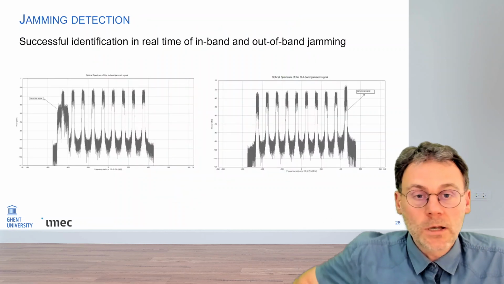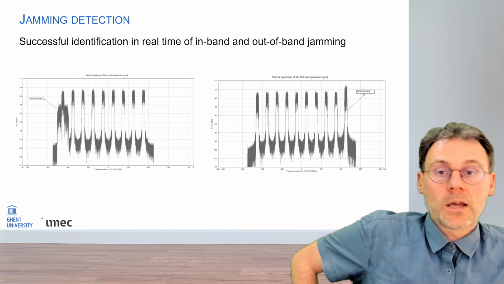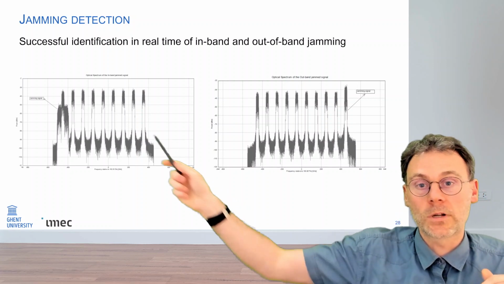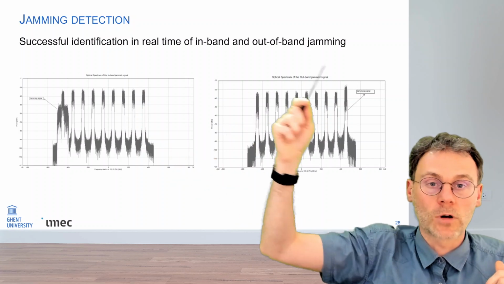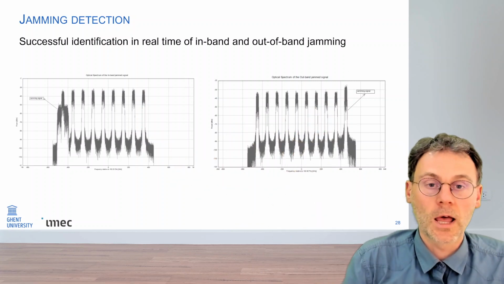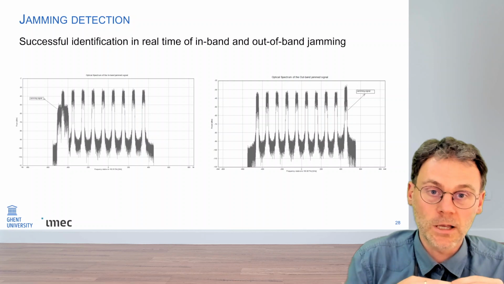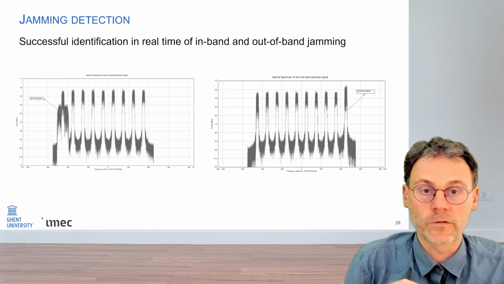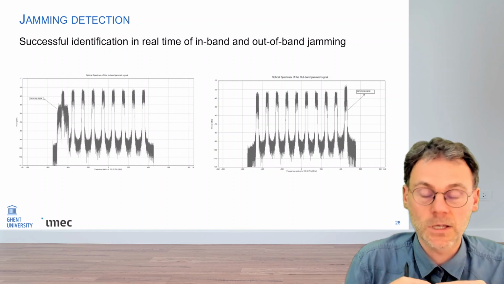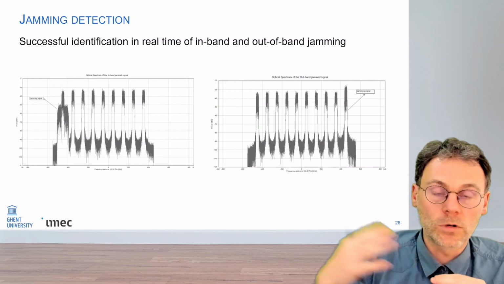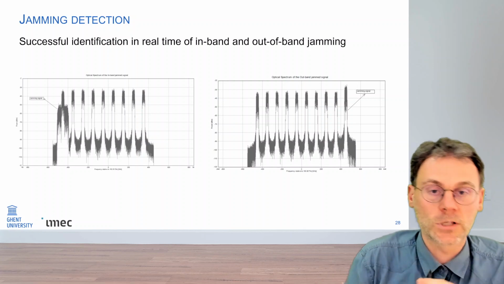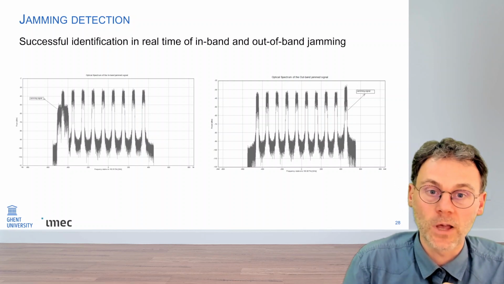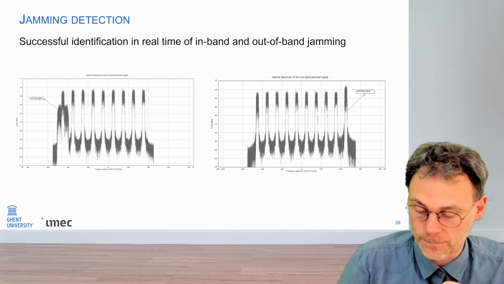We've also been using reservoirs to, for example, identify if people are trying to jam your precious telecommunication signal, either in-band jamming like over there or out-of-band jamming over here. And the nice thing is that we can basically identify this already after a couple of periods. So it's a very fast real-time scheme without the need to gather lots of information and then post-process that offline, as is typically happening in these types of jamming detection systems.